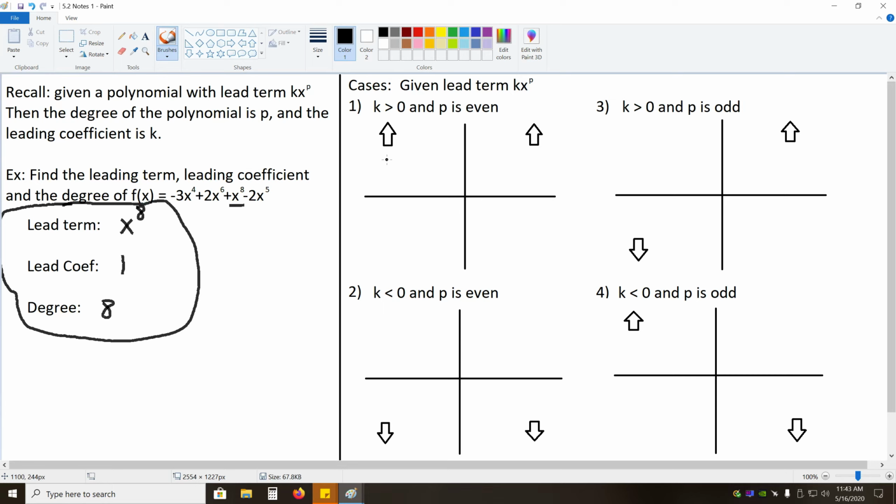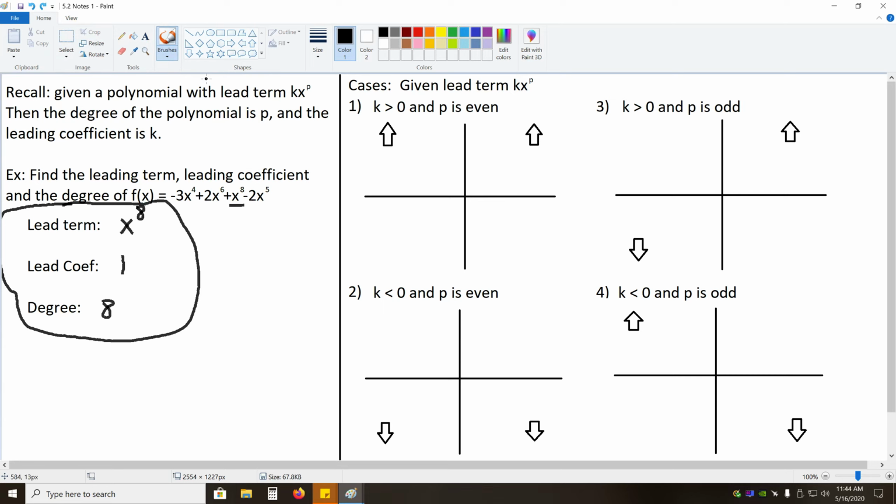Meaning, just a quick example, your graph would look something like this. We have no idea what's going to be in between these yet, but we do know that the graph will start going up and to the left and will finish going up and to the right.